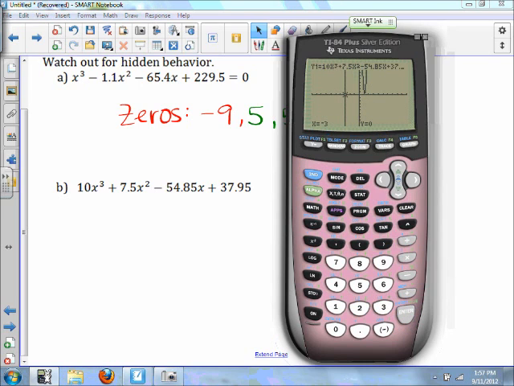And you can see that there is going to be one. But if we look for zeros here, you can see that it doesn't look like it goes below the x-axis there. Okay? So we have one more 0, 1.15.